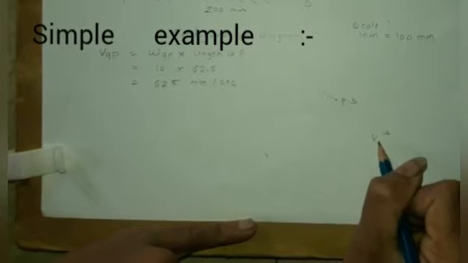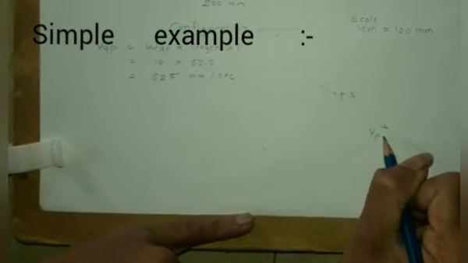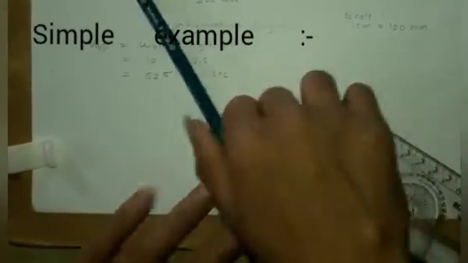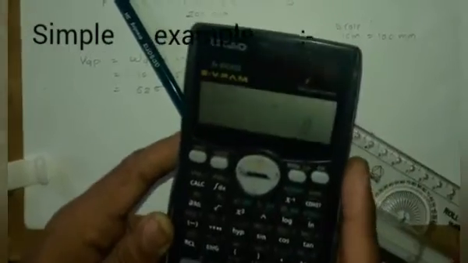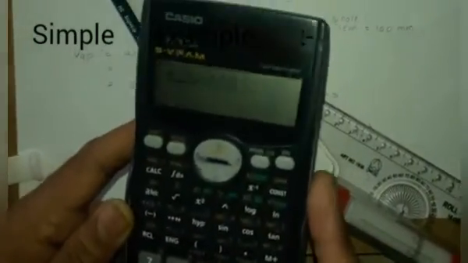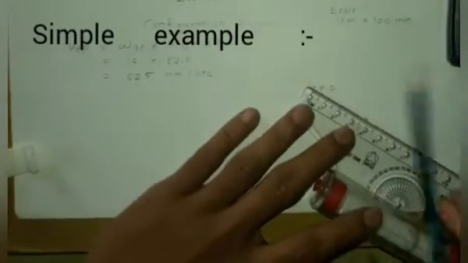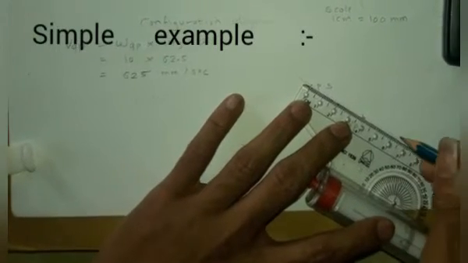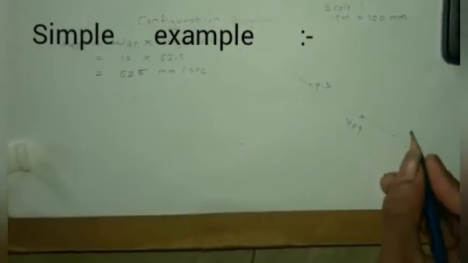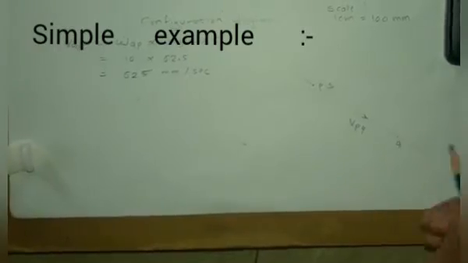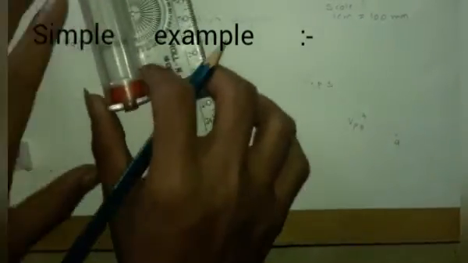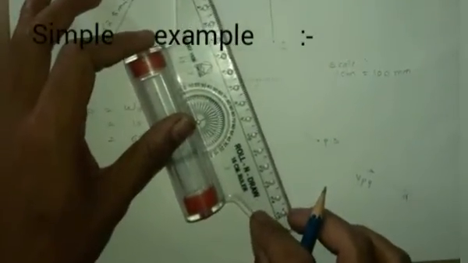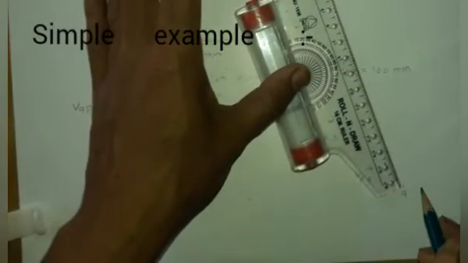It gives velocity of PQ. It has a magnitude which is 625 divided by 100, 6.25 centimeter. So this point is our point Q. Now we will take a line perpendicular to link QR, which is passing from point Q.